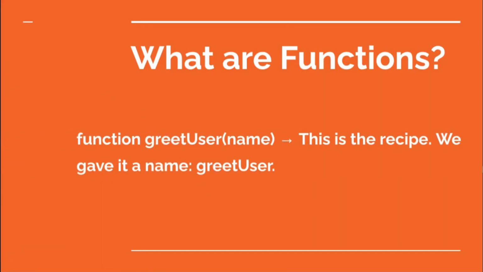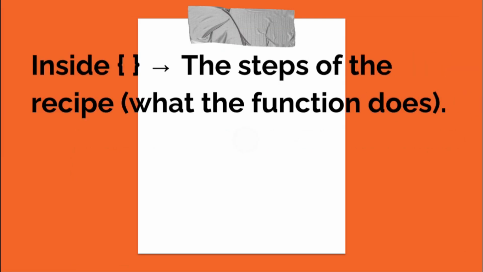Look at this particular thing we have here. This is the way to write our function. I want to liken this to be the recipe, and the name of that recipe is greetUser. That is the name we give the recipe. But inside the recipe you have steps to take, and that is this. You have this particular sign, you write inside, then this particular sign.